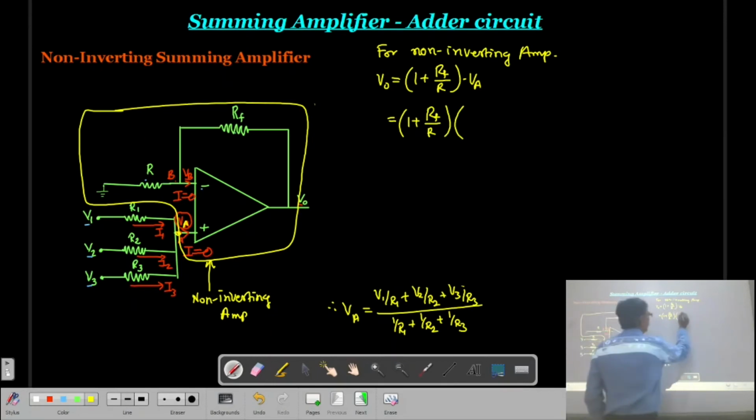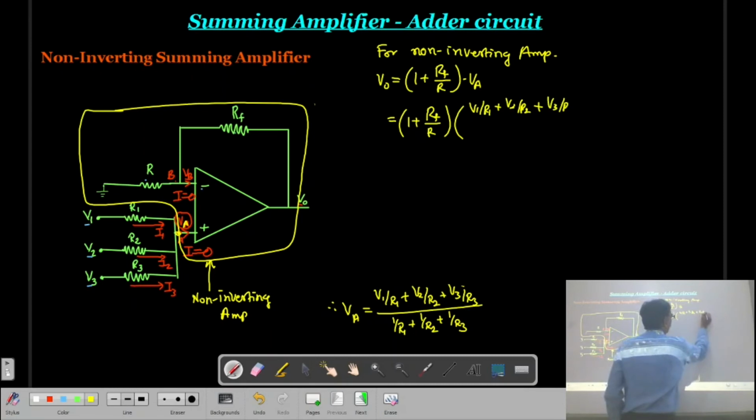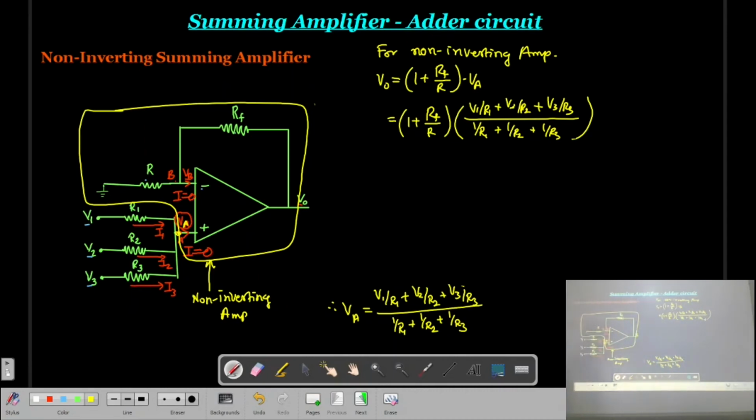VA we have already calculated, that is V1 by R1 plus V2 by R2 plus V3 by R3 divided by 1 upon R1 plus 1 upon R2 plus 1 upon R3. So this is the expression for the output voltage of a non-inverting summing amplifier.